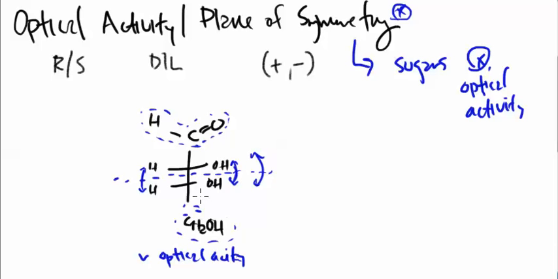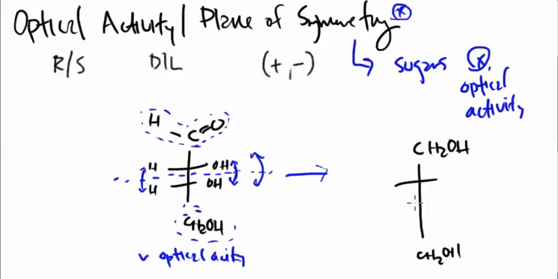So if I can convert this structure, and instead of a C double bond OH up here, change that to a CH2OH group, and this still has the OH group to the right, and the third one still has the OH group to the right.